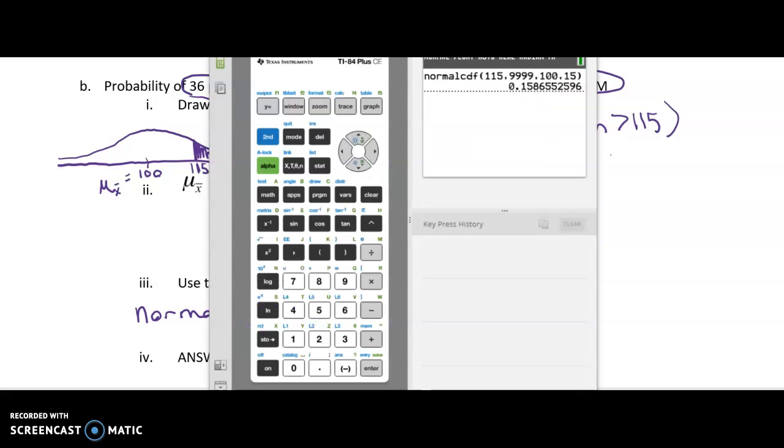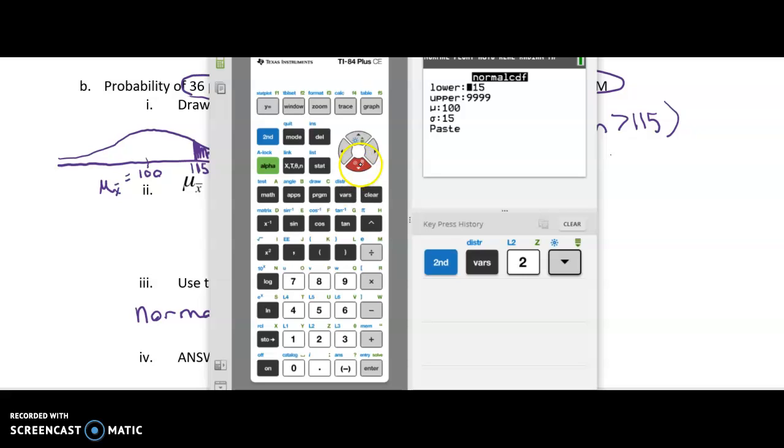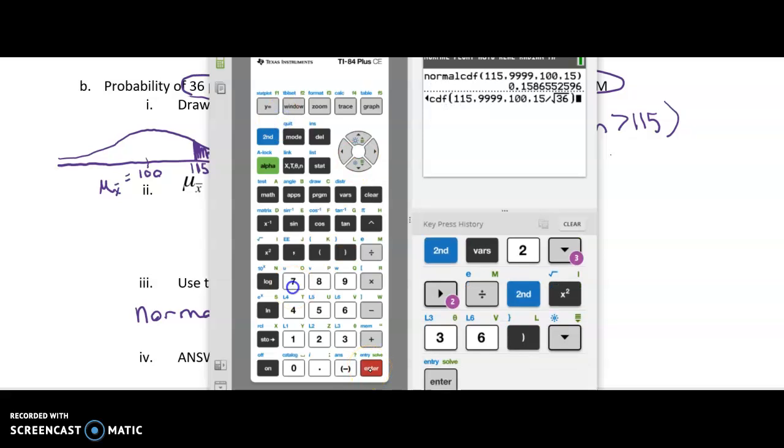So now we're going to go second and press vars because that's where distribution stuff is. Press the number 2 for normal CDF. Our lower limit's 115, our upper limit's the same, our mean is the same, but now instead of just 15, we're going to do 15 divided by the square root of 36. You could have put in 2.5, that would be okay. I just want to demonstrate to you that you can actually put in the calculation and you'll still come up with an answer.